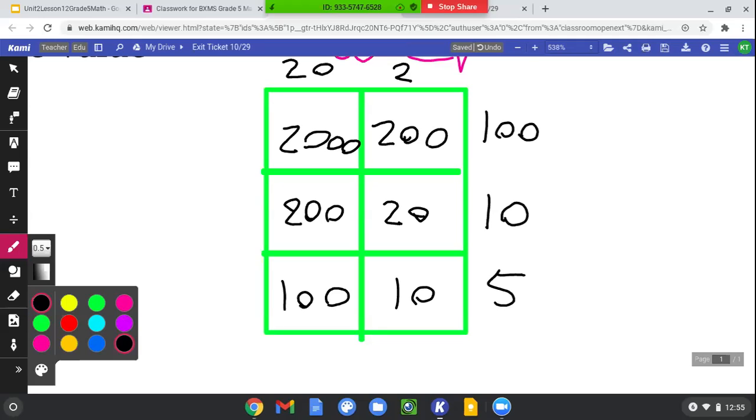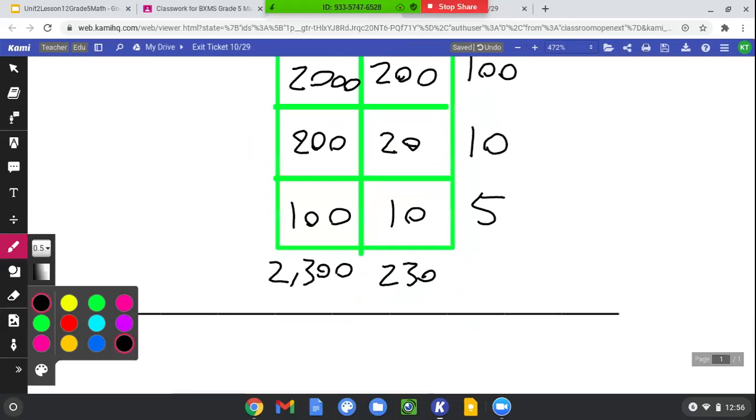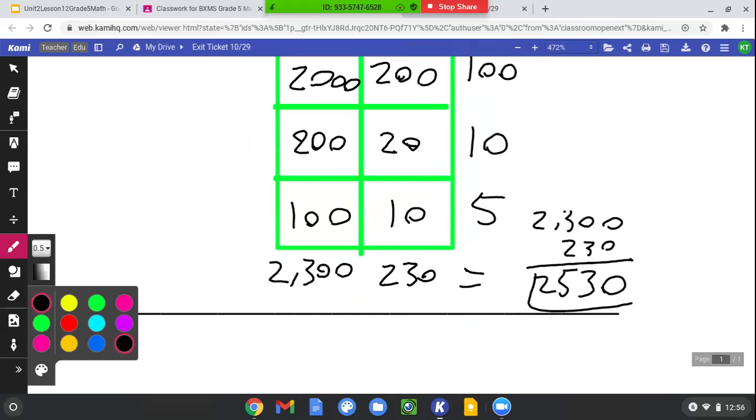Okay, so let's add those up. So this is our final amount.